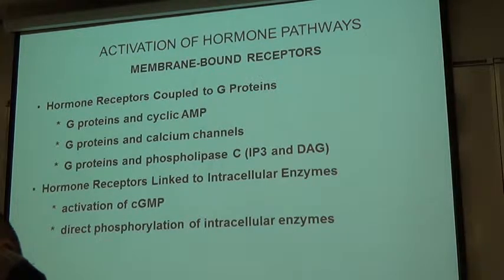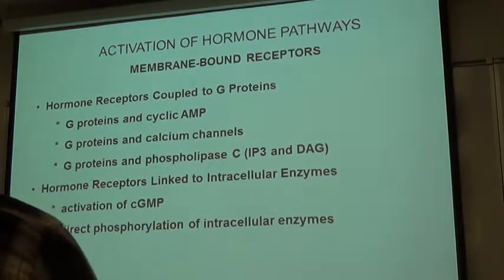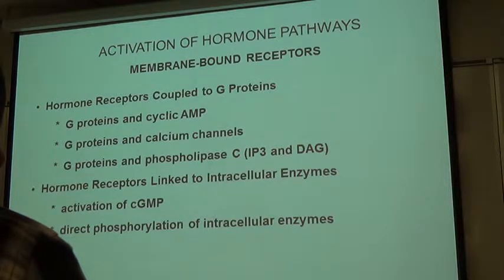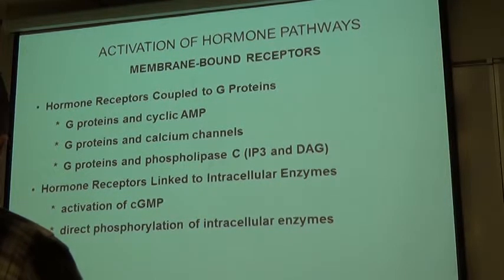And two guys that worked this out won the Nobel Prize in physiology or medicine in 1994. It wasn't that long ago. And almost 40% of all diseases are thought to involve some disruption of G protein pathways. So you can see that this becomes really important clinically and in a lot of the pharmaceuticals that are developed to affect G protein pathways.